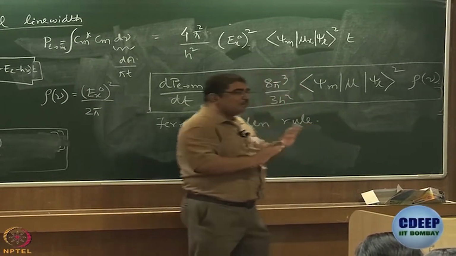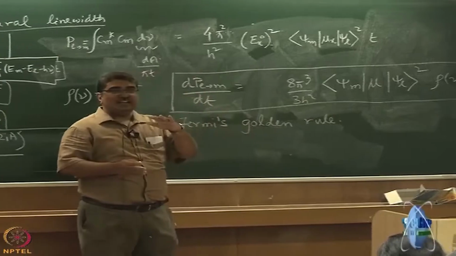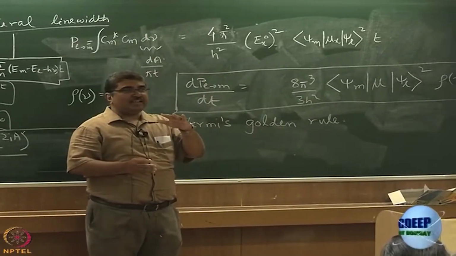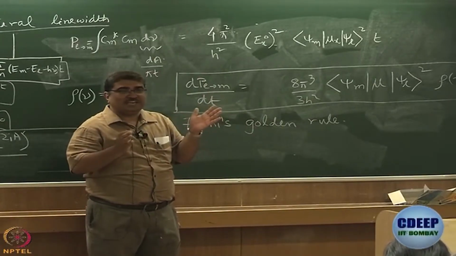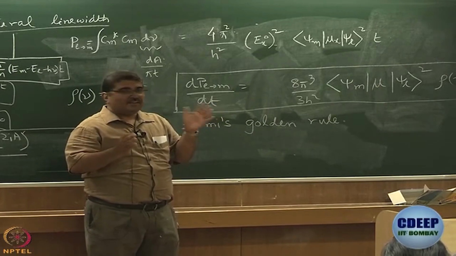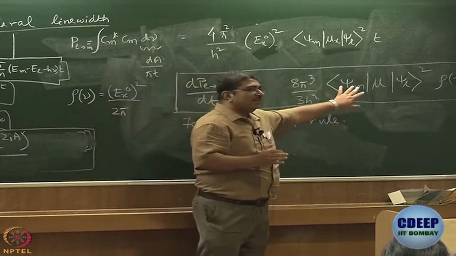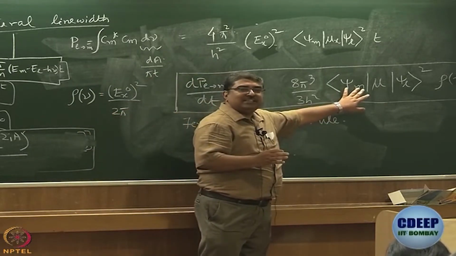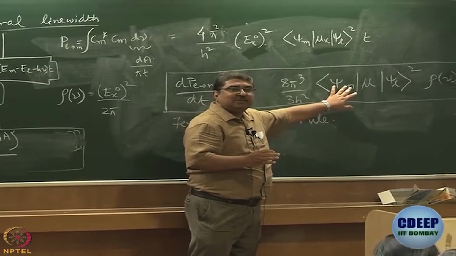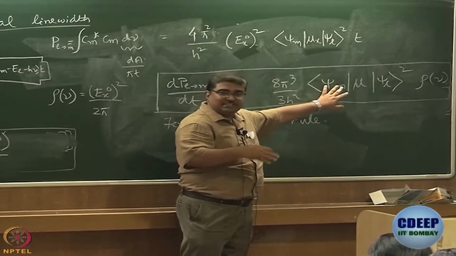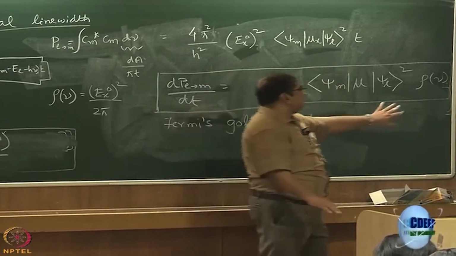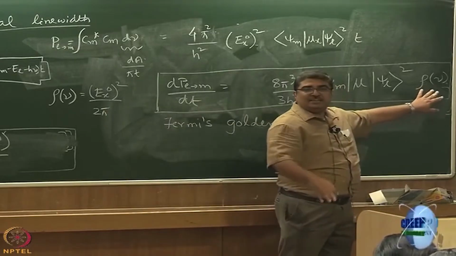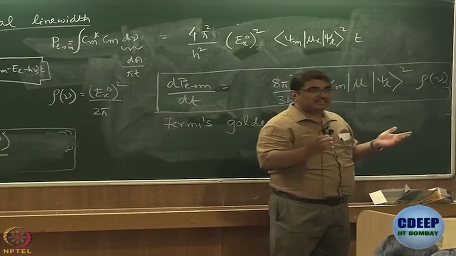So now you can model this transition like a chemical system where two molecules are reacting, right? You can think that this is one kind of concentration, which is related to the system. This is another kind of concentration, energy density, right? So kind of concentration of photons, you can think.